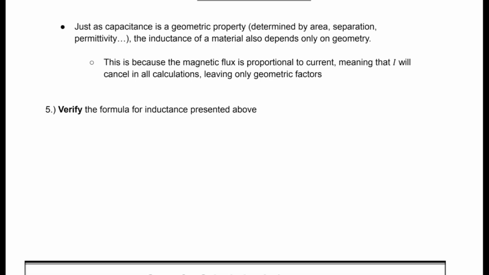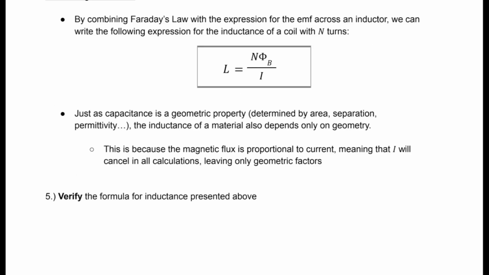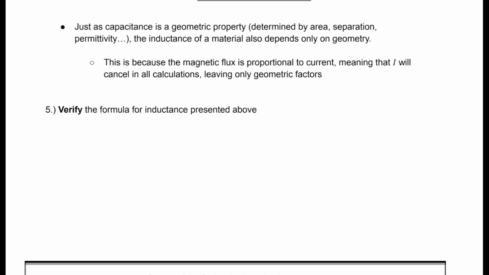We had two different versions of induced EMF that we've looked at so far. First, from Faraday's law, we said that the induced EMF is equal to the number of coils times the rate at which the flux changes, and we'll put a negative sign there just to be consistent.